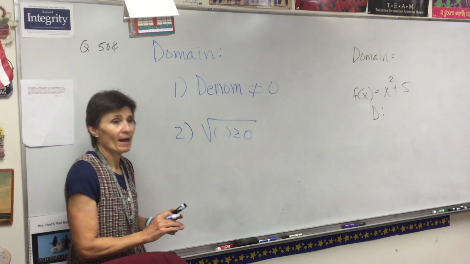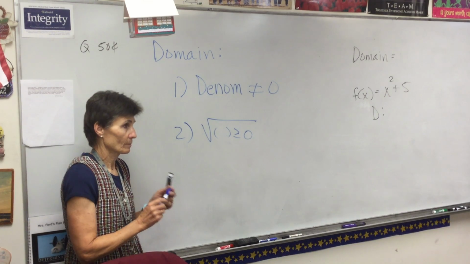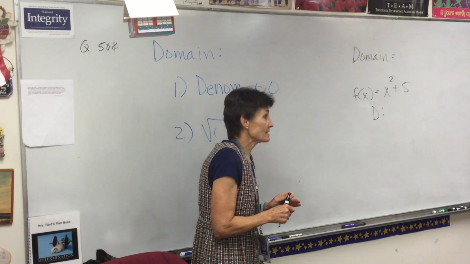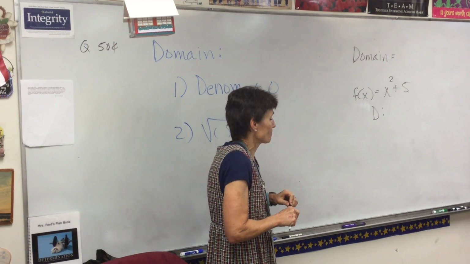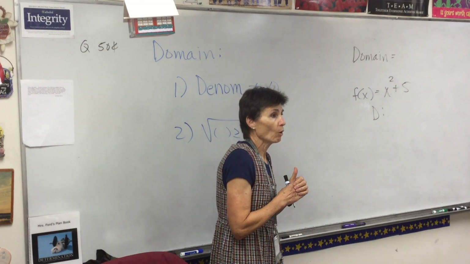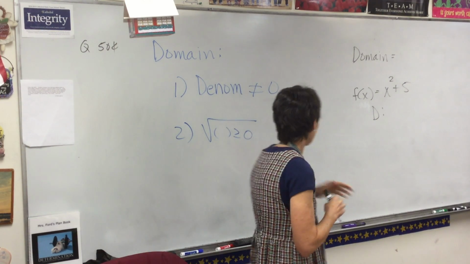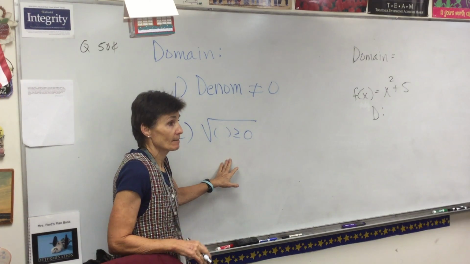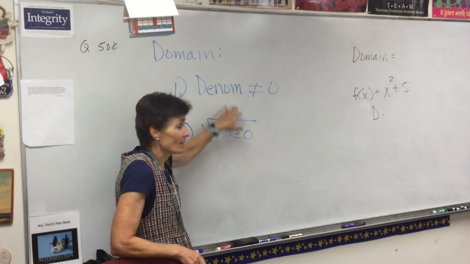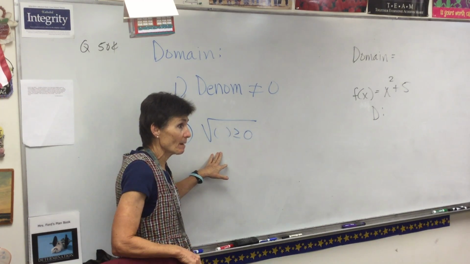Does that problem have a radical? No. So here's what I said, and some of you missed it because I was talking and you weren't listening. The domain is going to be all real numbers unless you have these two red flags. I don't even have a denominator in my problem. I don't even have a radical in my problem.